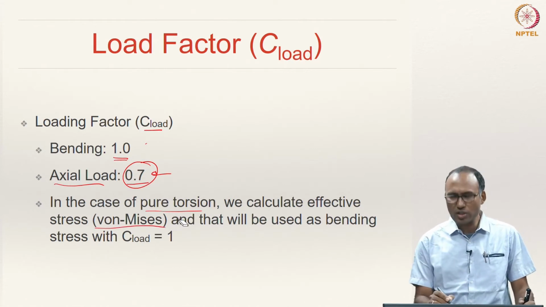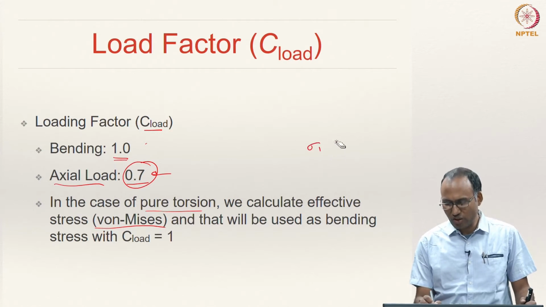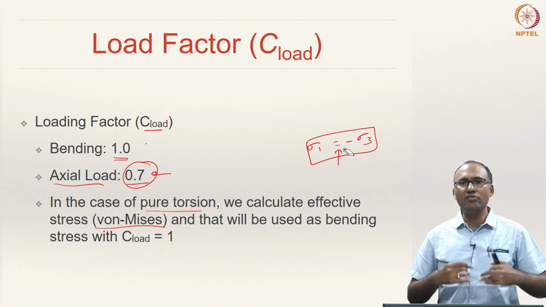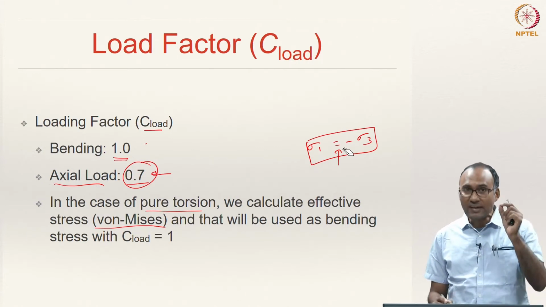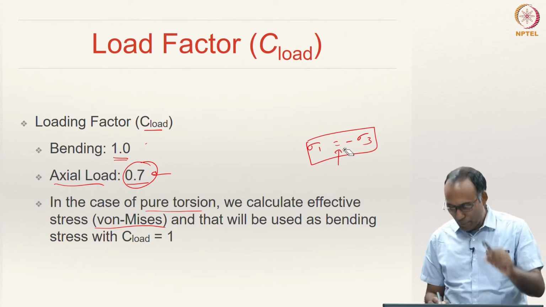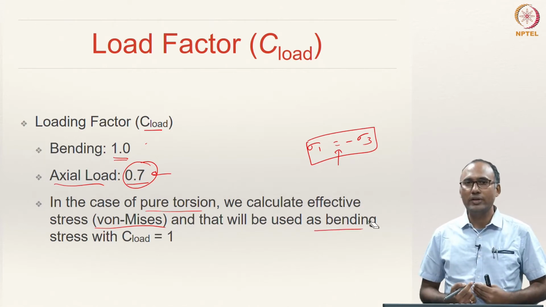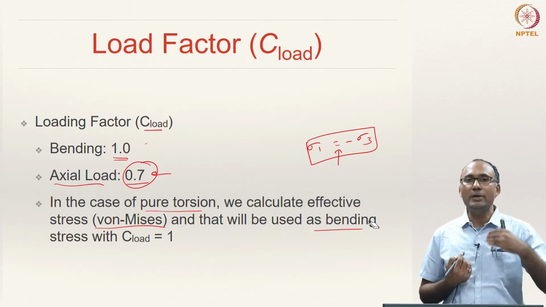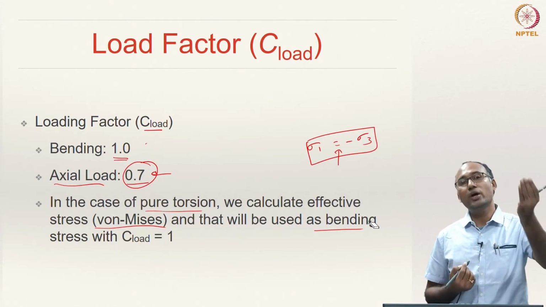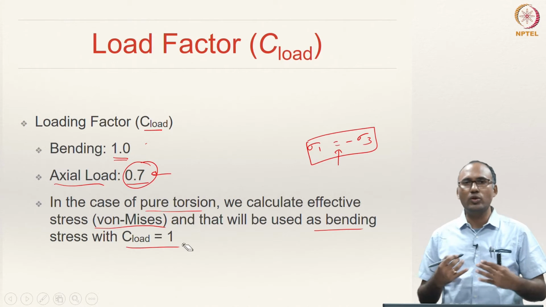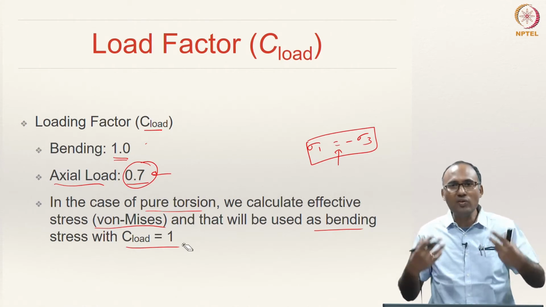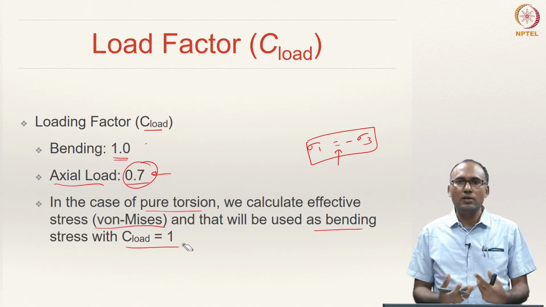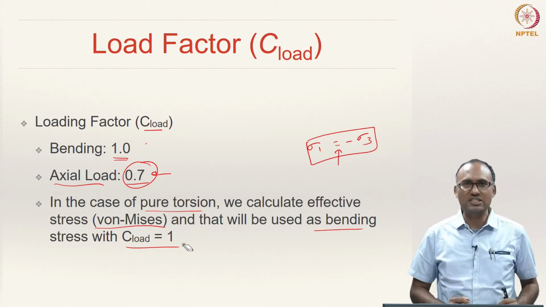When you have pure torsion, you know that your principal stresses are sigma 1 equal to minus sigma 3, and from there you calculate the equivalent stress and use that stress as your bending stress, the load that you consider being applied on the material. If you do that, you can still use C load equal to 1, because you have converted the otherwise torsional loading into an equivalent normal stress which can be correlated with your bending stress situation.